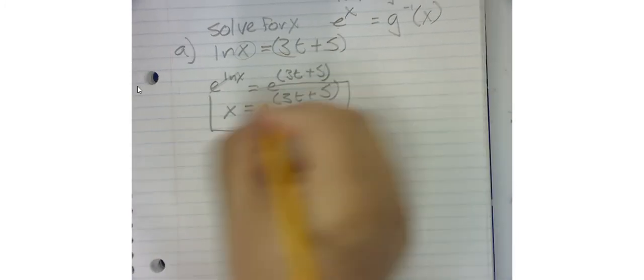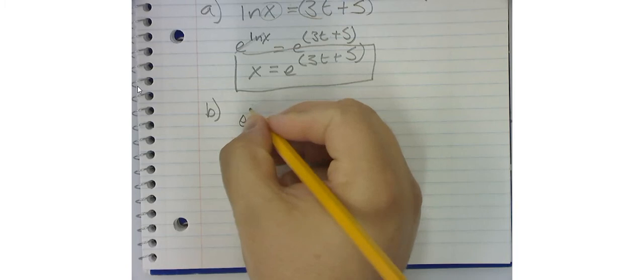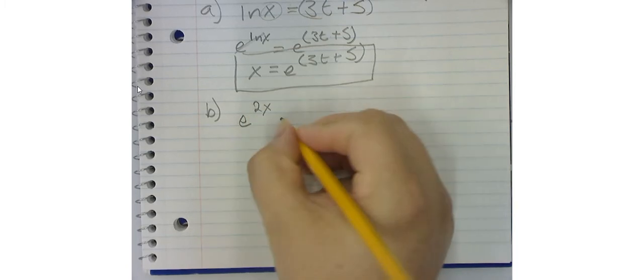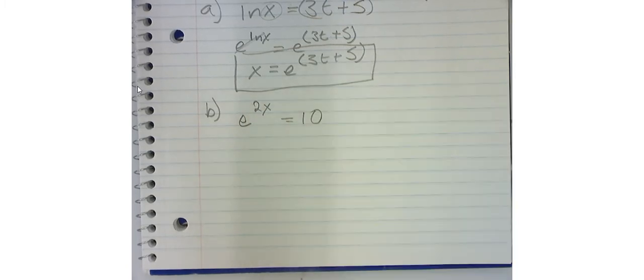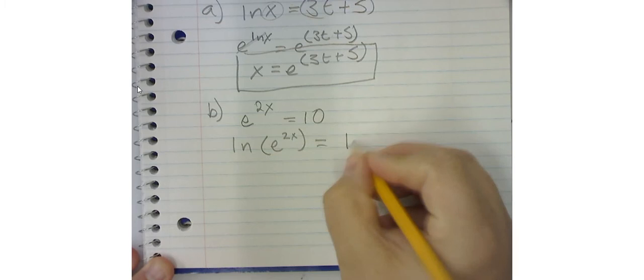Okay? They give us a second example for B. So if I say e to the 2x equals 10, and I need to solve for x, I take the natural log of both sides of the equation. The natural log of e to the 2x is equal to the natural log of 10.